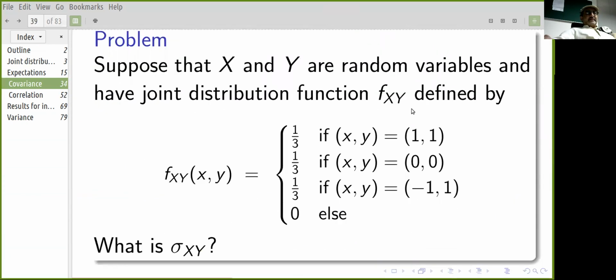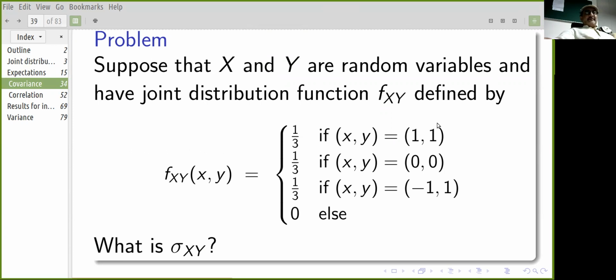Okay, so here's an example. X and Y are discrete random variables. Sorry, they're continuous random variables. Oh, sorry, getting confused here. These are discrete random variables.